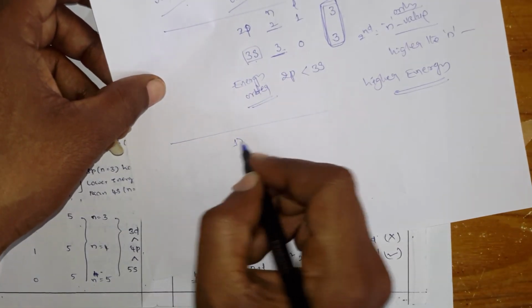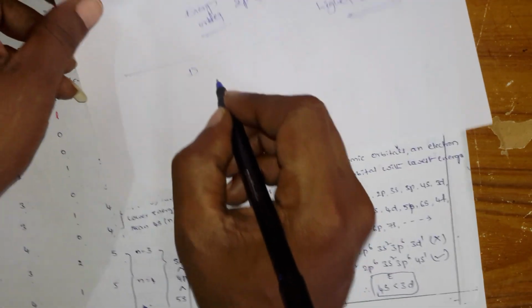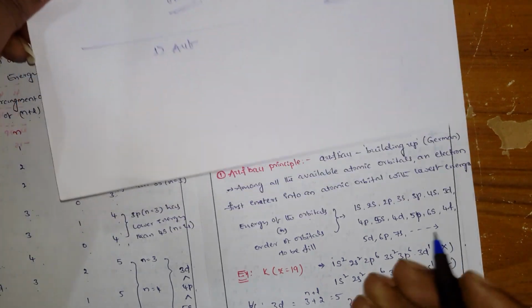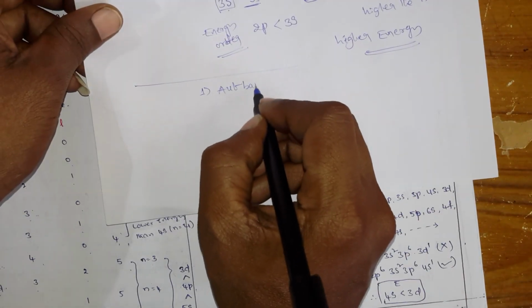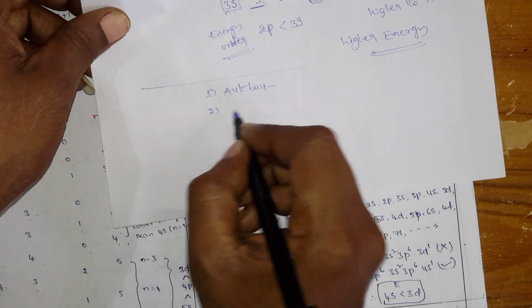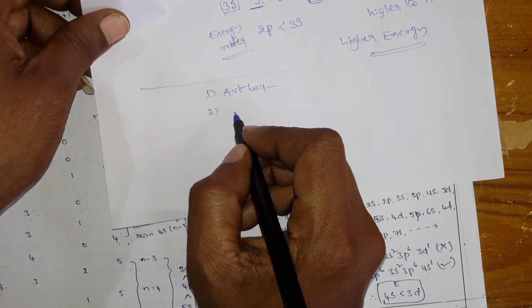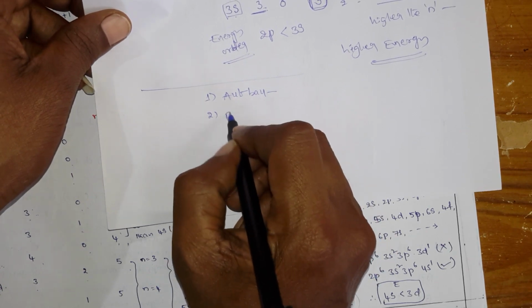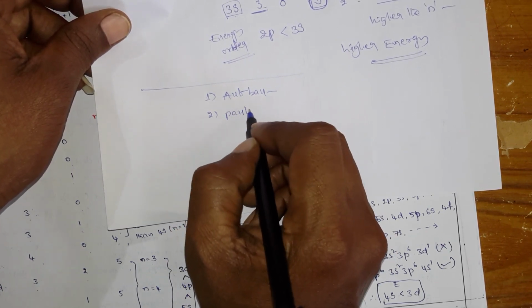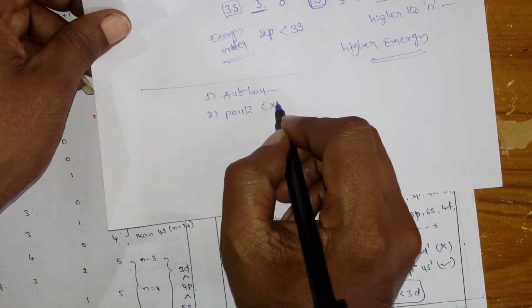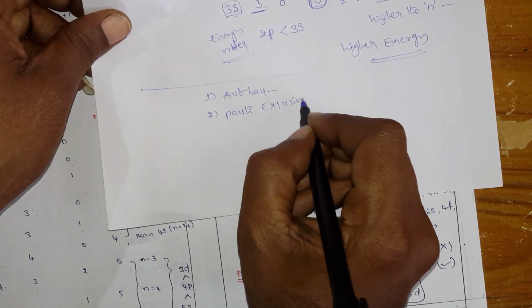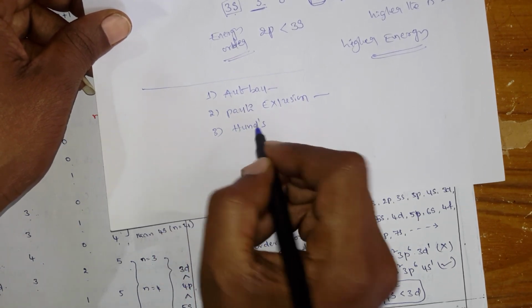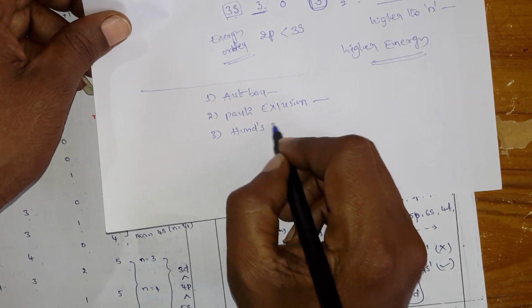The first principle you have to follow, which you learned in the 10th class also, is the Aufbau principle. The second one is the Pauli exclusion principle, and the third one is Hund's rule of maximum multiplicity.